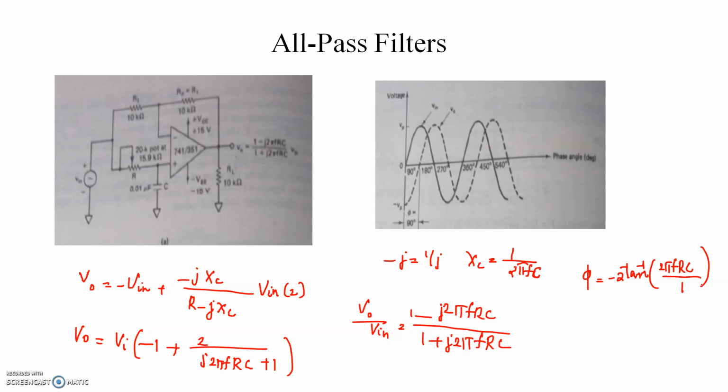The above equation, phi equal to minus 2 tan inverse 2 pi fRC, is used to find the phase angle phi if f, R and C are known.